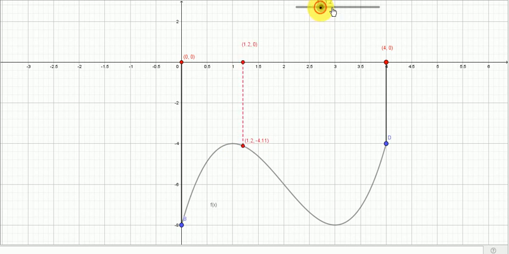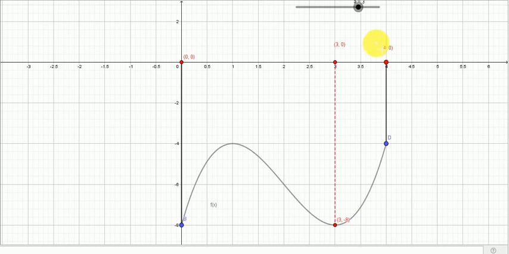In the same way, the point of minimum is also called a stationary or turning point, because this is the point where the function is minimum in this interval. So x equal to 3 is a stationary point.